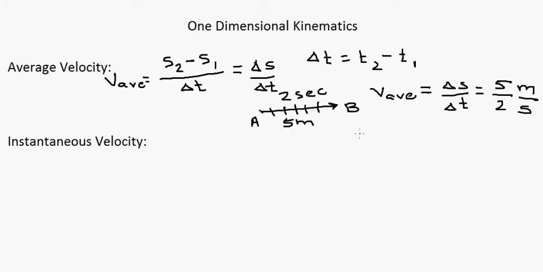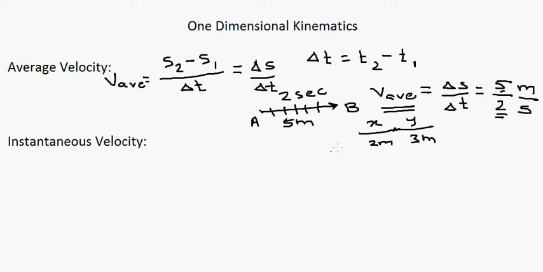That is, let's say I may be traveling the first 2 meters with x velocity and then the other 3 meters with y velocity. But still, if the time for me to reach point B is still 2 seconds, then it doesn't matter whether the velocity changed or not, the average velocity is still going to be 5/2, because it is only concerned with the time taken and the displacement.